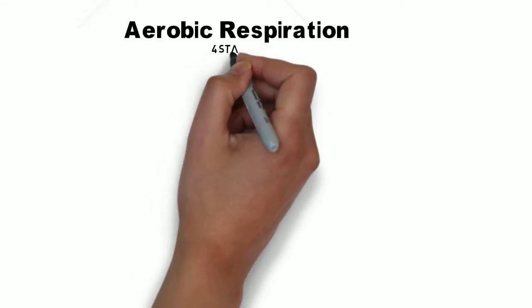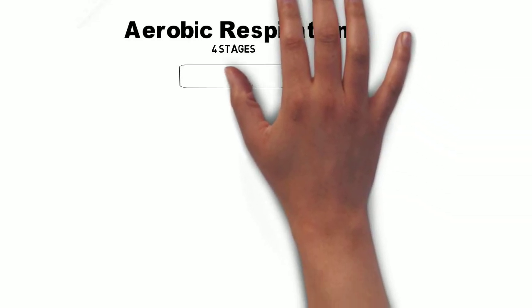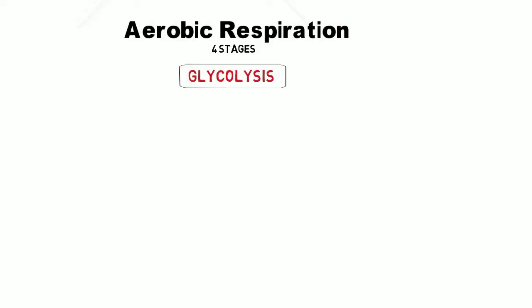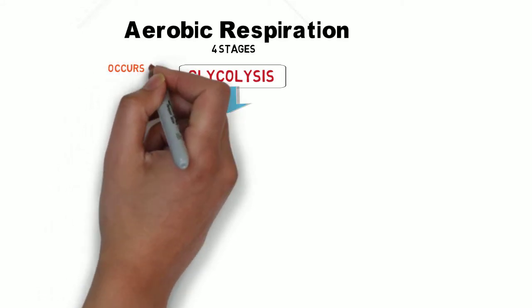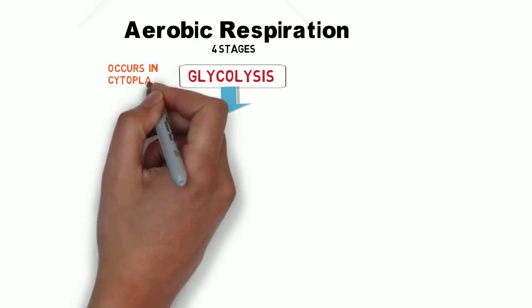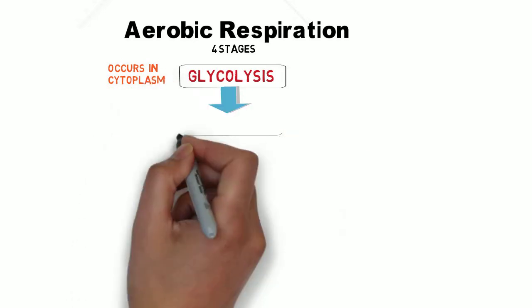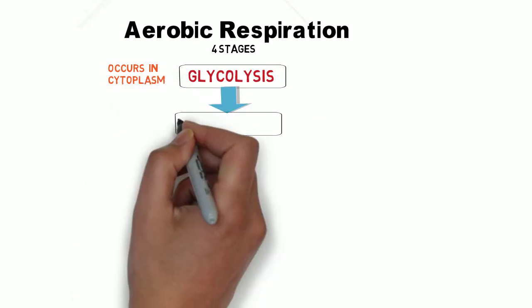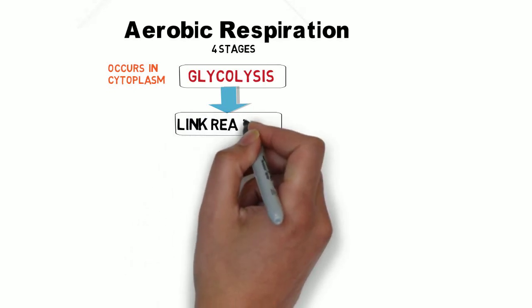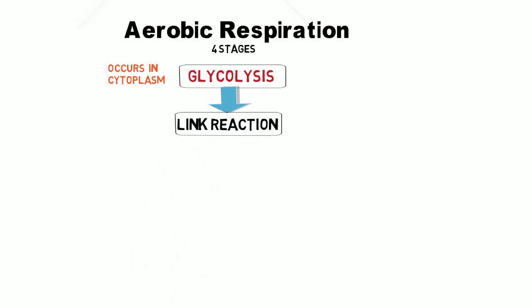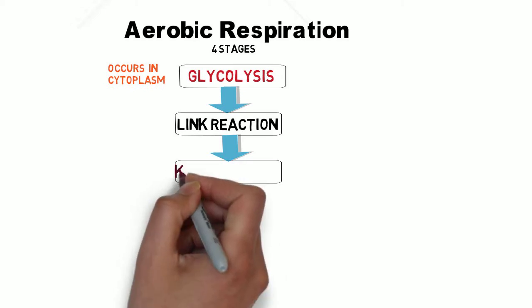Let's look at aerobic respiration and the stages that are involved. The first stage is glycolysis. Glycolysis is the breakdown of glucose to pyruvate, and as a result, it occurs in the cytoplasm only. This is followed by the link reaction, which occurs in the matrix of the mitochondrion.